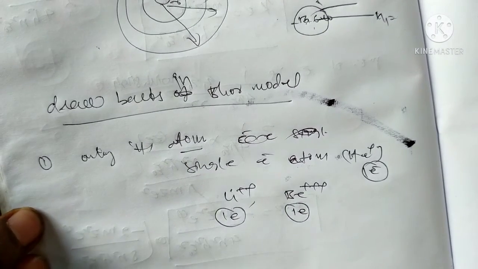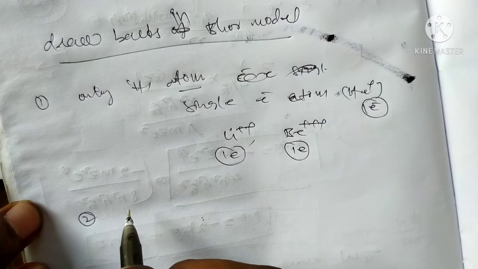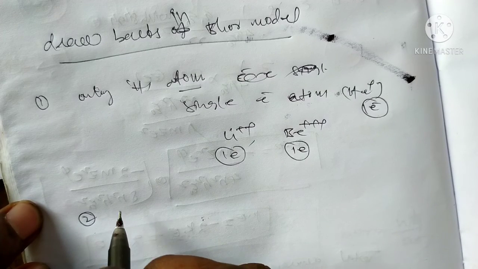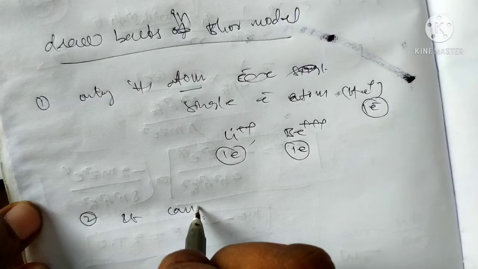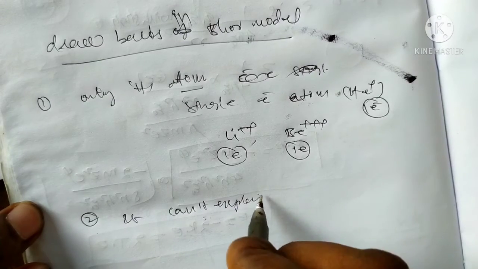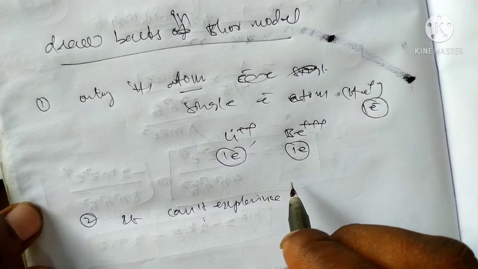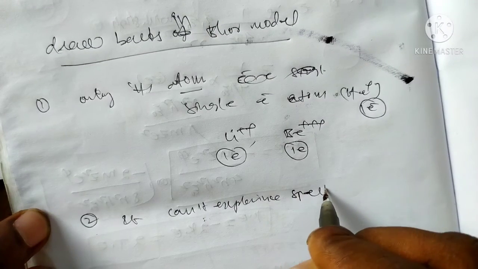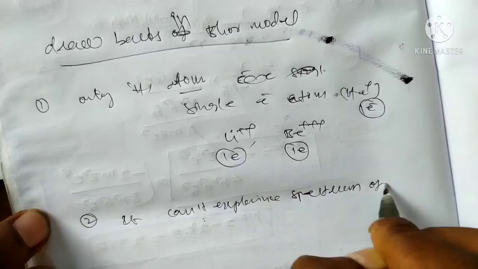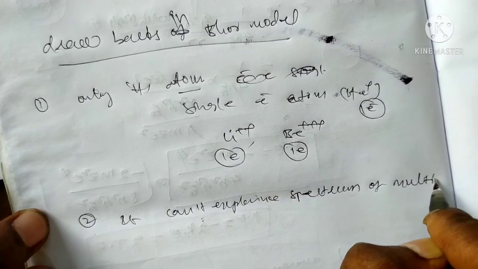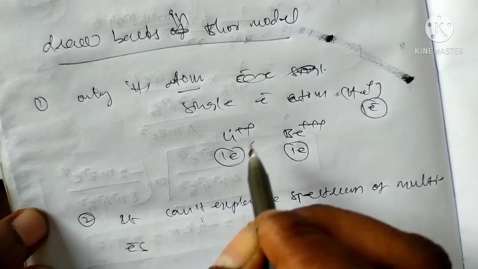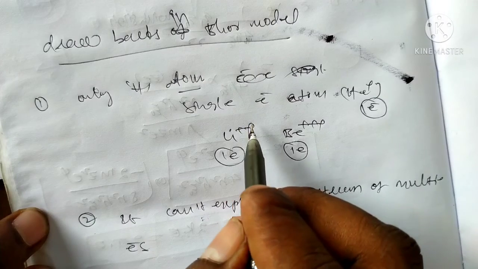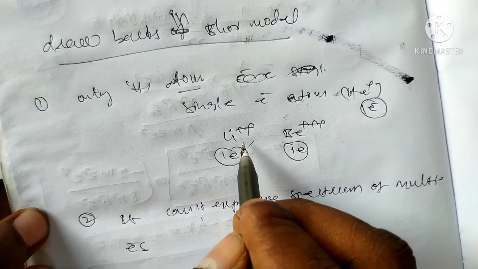The second drawback is that it cannot explain the spectrum of multi-electron atoms. It explains only a single electron and does not explain multi-electron atoms.